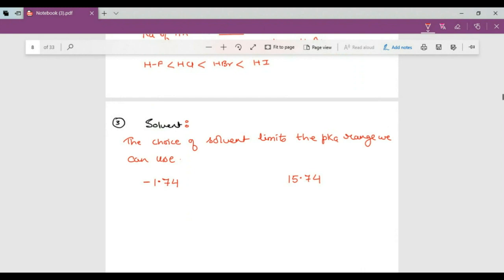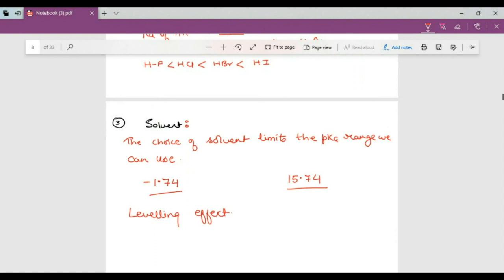If I introduce a base stronger than OH minus, then it will start making water act as an acid. But my overall range is only this. I can use anything within this range, but not beyond, and this is called leveling effect.